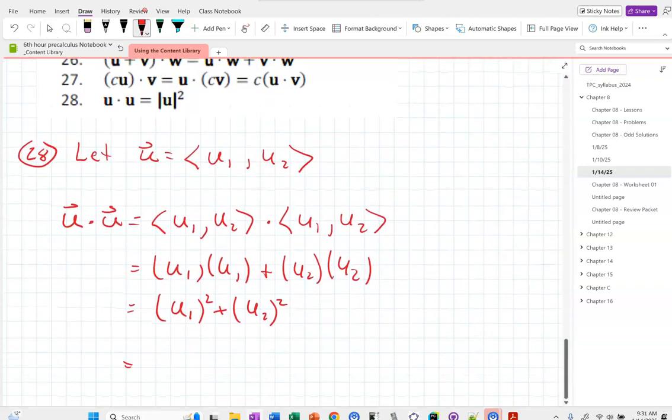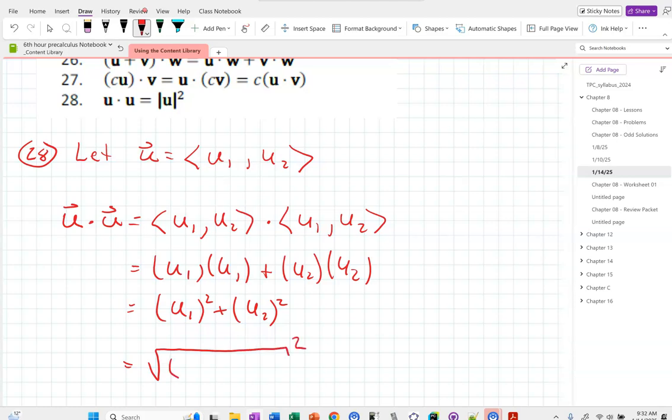And this I know is the same thing as if I take this and square root it and then square it right afterwards. That's like doing nothing at all, if I square root something and then square it again.